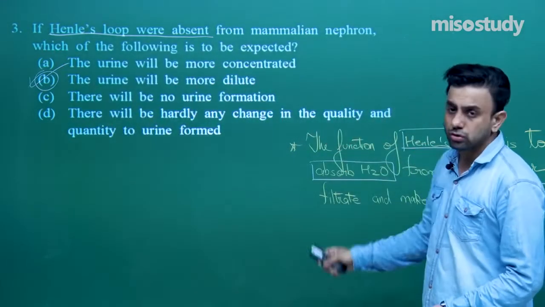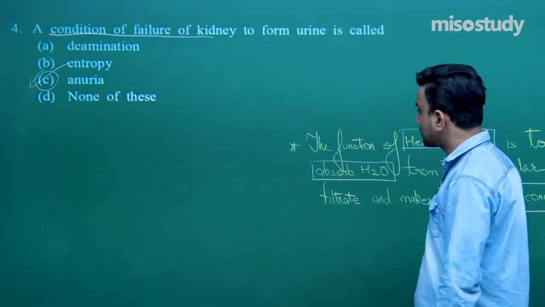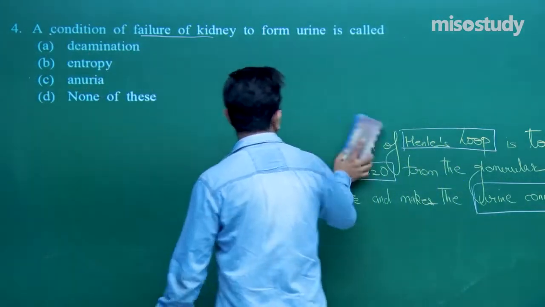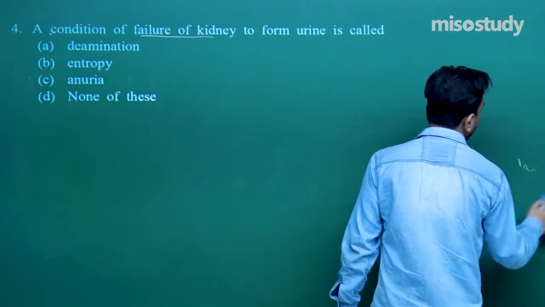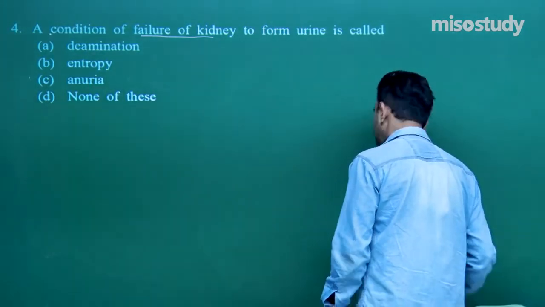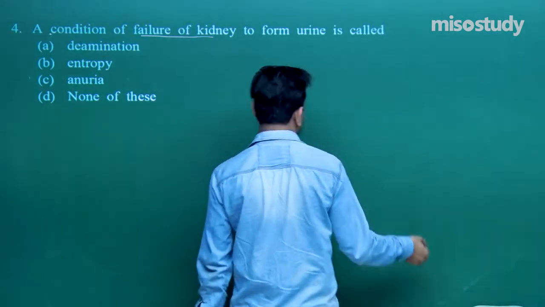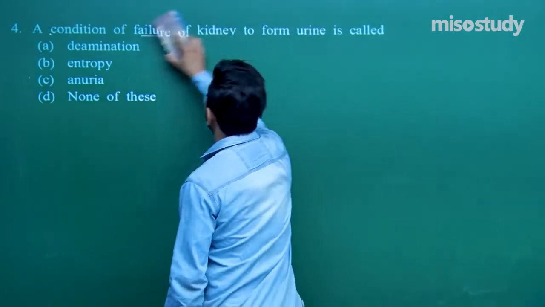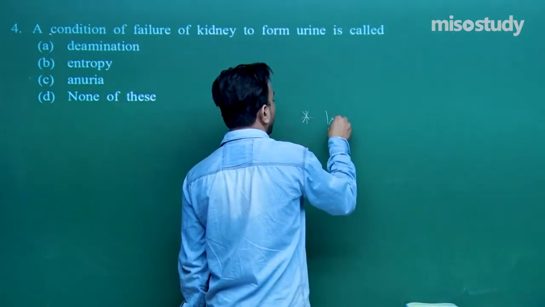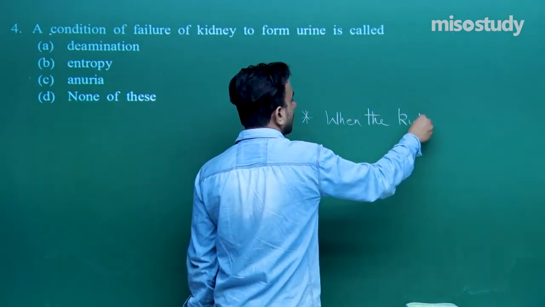Okay. Now, let us go to the next question. A condition of failure of the kidney to form urine is called as, yes, absolutely, anuria.